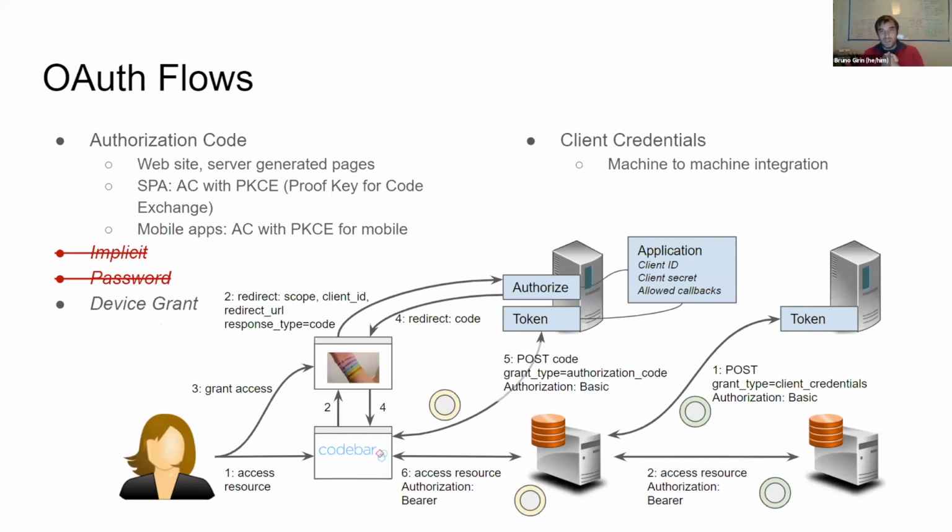Basically, a single page application or a mobile app works in an environment which is not necessarily secure. So you can't trust it to be able to securely store the client secrets when you get to the token endpoint.